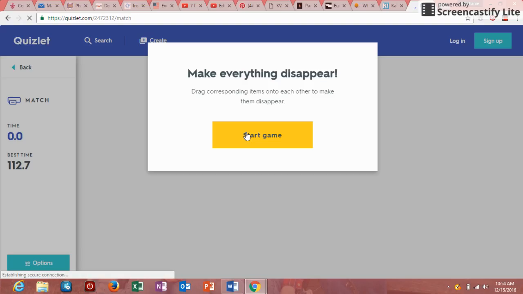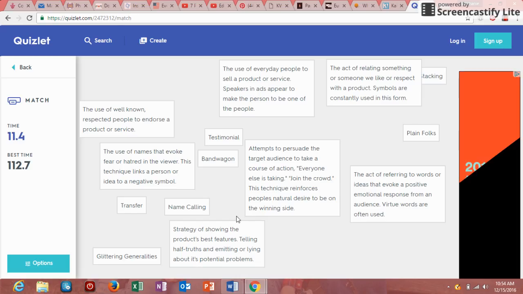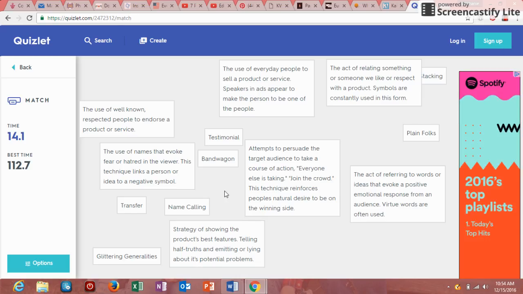They just basically would drag the different definitions over the actual types of propaganda.